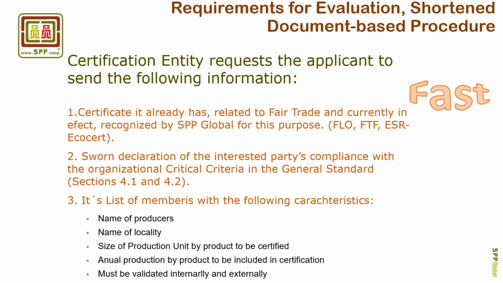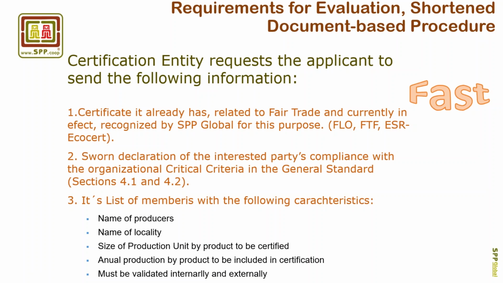Nowadays, we just have 3 recognized certifications: FLO, FTF, and ESR EcoCert. Number 2, the sworn declaration of the interested parties, compliance with the organizational criteria in the general standard. The sworn declaration is a form that they have to review and finally sign. And number 3, the list of members with the following characteristics: name of producers, name of locality, size of production unit, annual production, and it must be validated internally and externally.